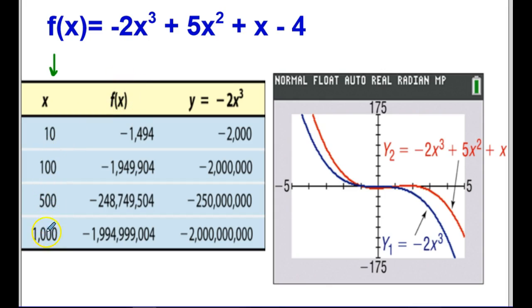And then I continue to increase my x values, and I increase them by quite a bit each time. So I see that as my x value increases, my f of x value greatly increases as well. But it also does show that I am getting very close to what my leading term was, and my power function.